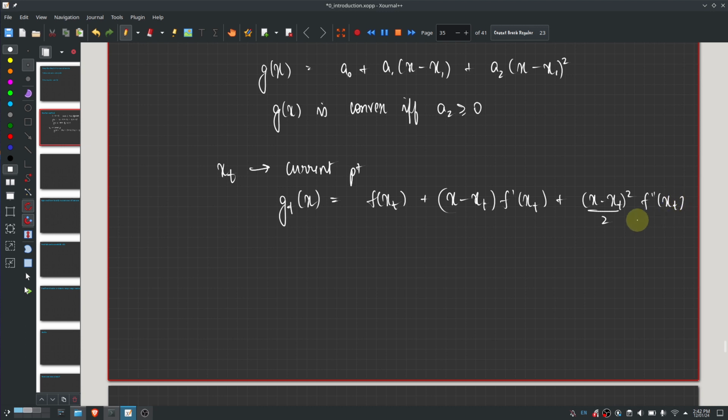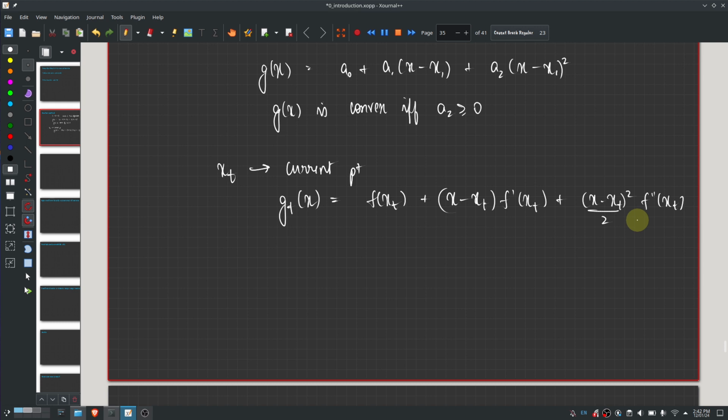For a general f with all higher order derivatives, there would be more terms in the Taylor series expansion, but we're going to stop after this term. It's an approximation of f, but this is an approximation that we know how to minimize exactly.